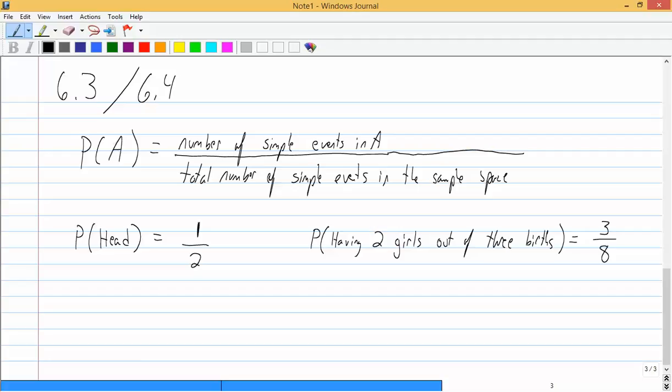It's very important to remember that this classical approach here rests on the assumption of equally likely simple events. If the assumption is not reasonable, some other method of determining the probability must be used. So, if I have a die, and instead of having 1 through 6 on it, it has 1, 1, 1, 2, 3, 4.